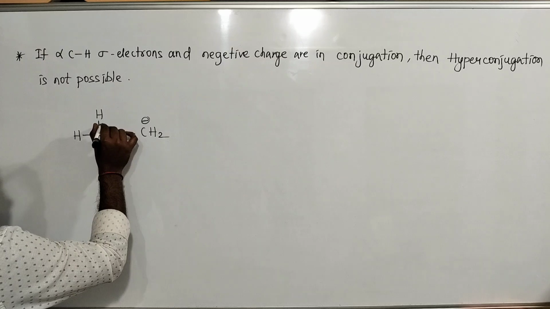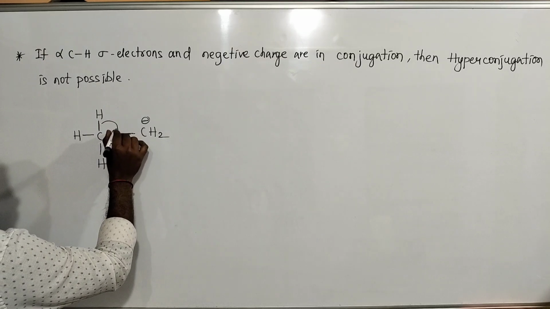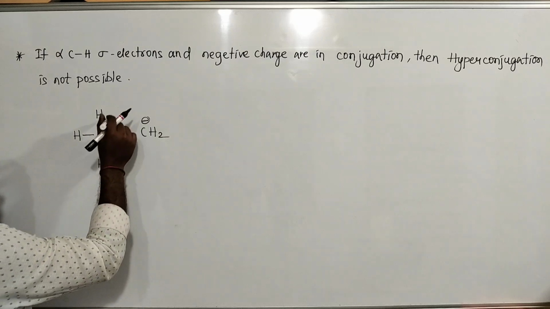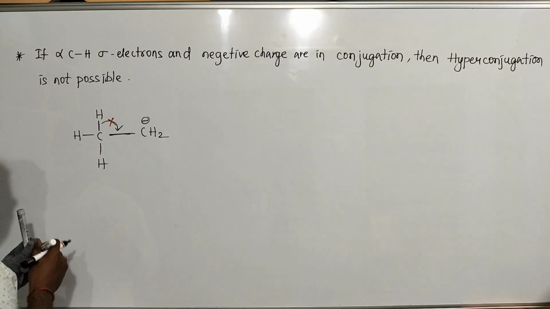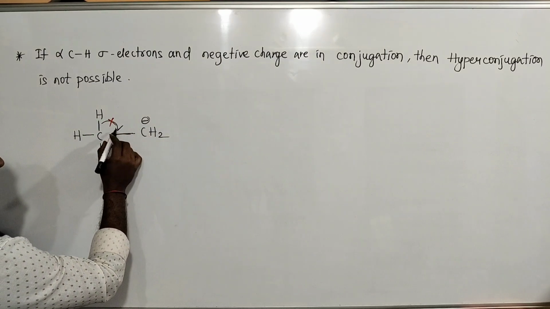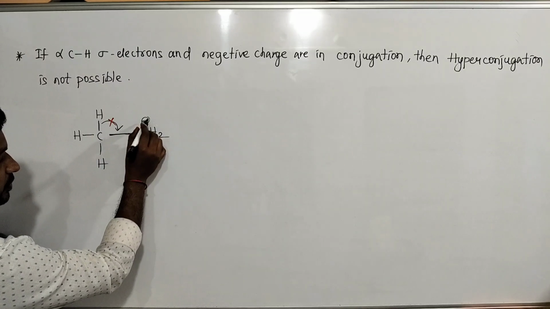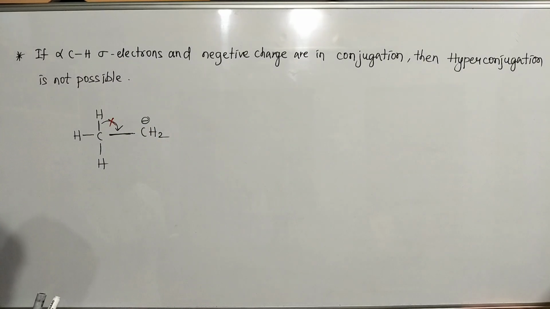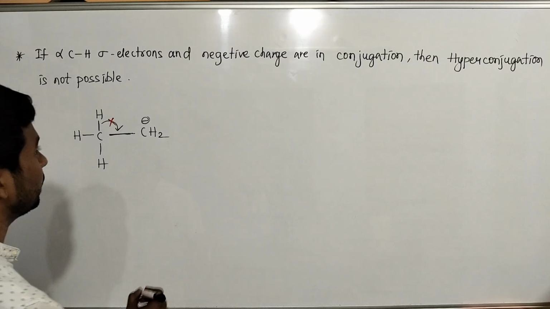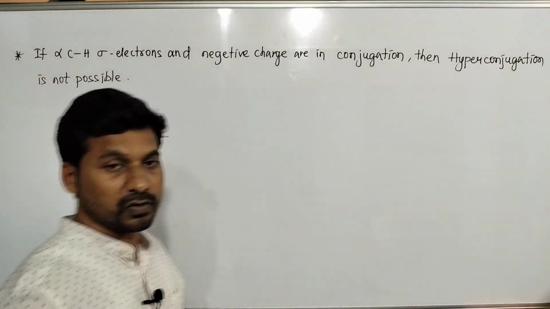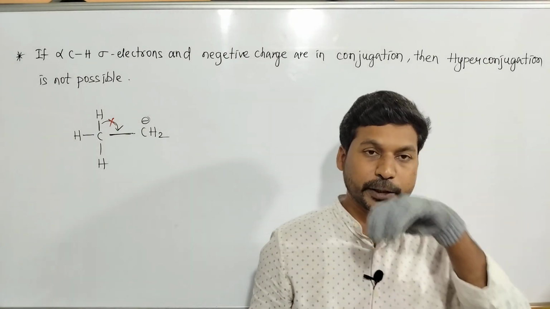Here hyperconjugation is not possible because shift of this bond not possible. Shift of that bond is not possible because this is negative charge. So electron always move away from the negative charge, not towards negative charge. That's why hyperconjugation is not possible. Hope you understood. This is about hyperconjugation.